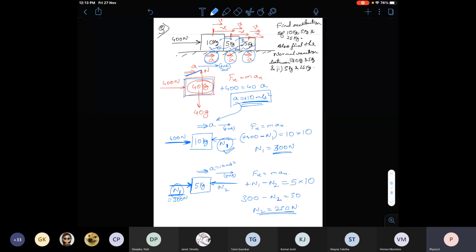If somebody has doubts or wants to write this, you can write this. Yes Vedant, you have written it correct.